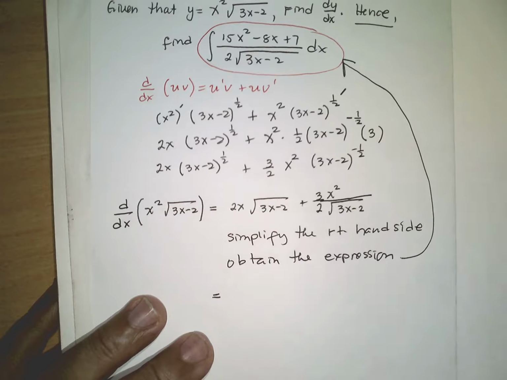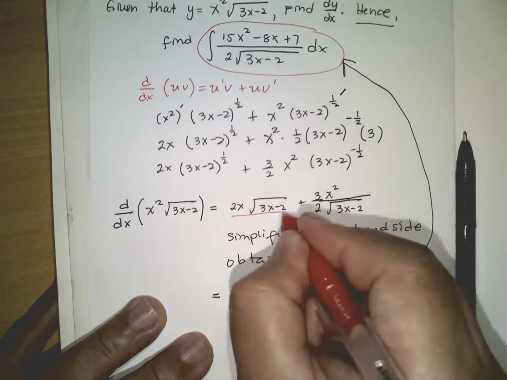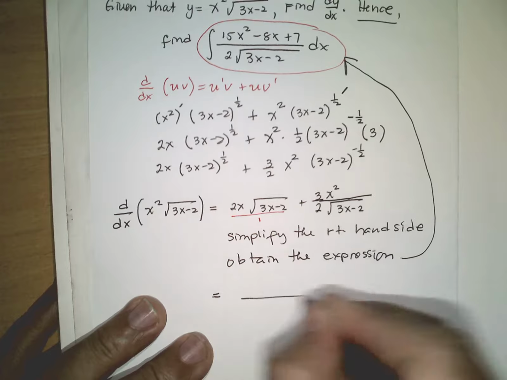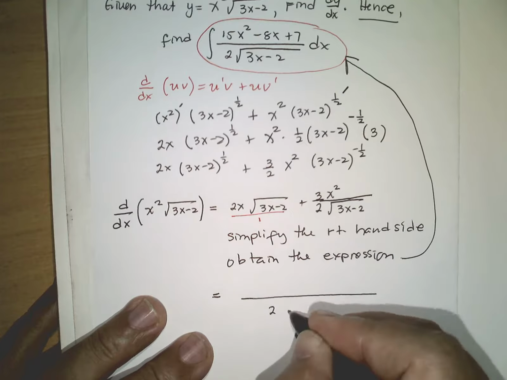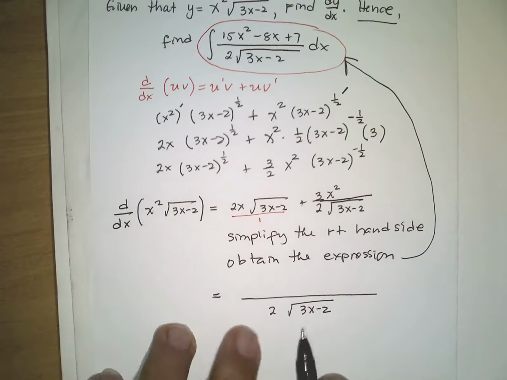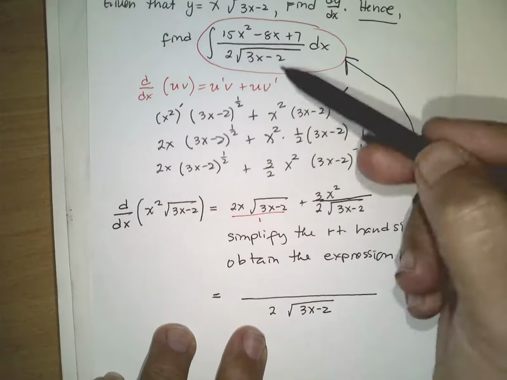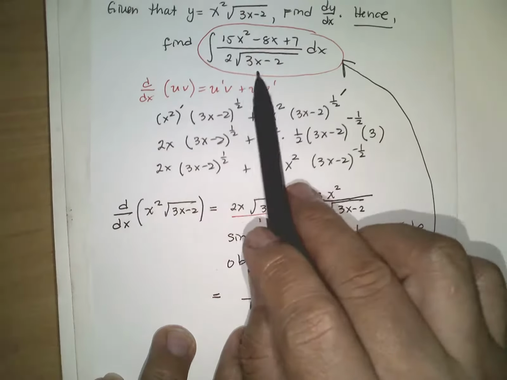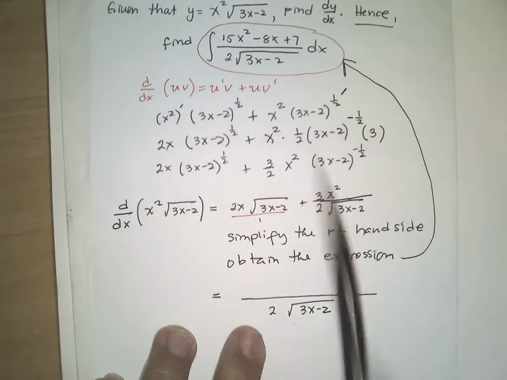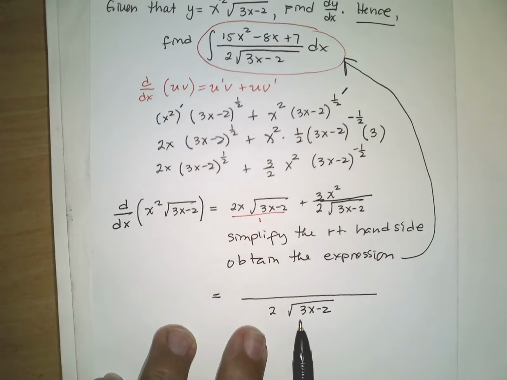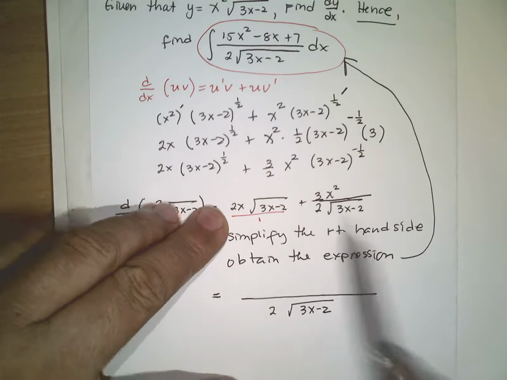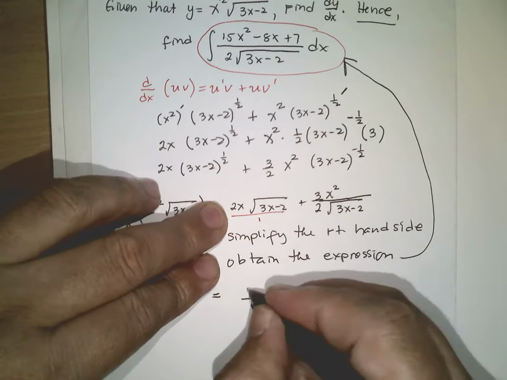So here this is over 1. So we can cross multiply. So here the bottom is 2 times the square root of 3x − 2. And when you look at it, we need this expression actually, 2 square root of 3x − 2. In our original question, it's already there. Okay? So this times that, we cross multiply. So 2 times 2x is 4x.